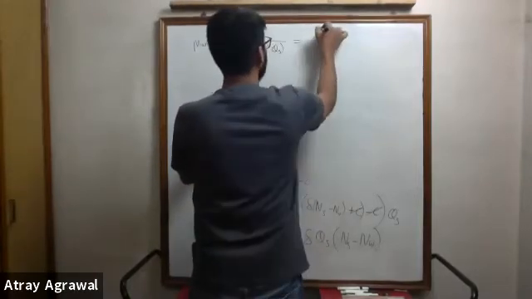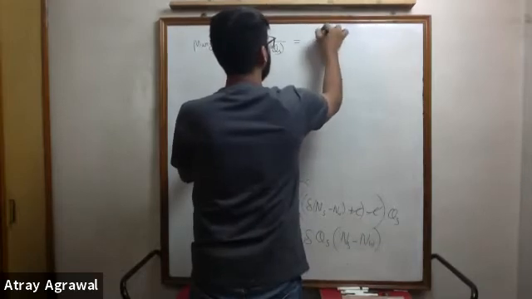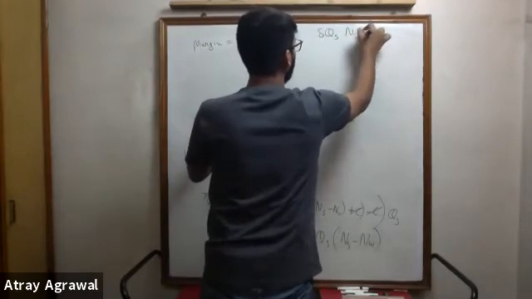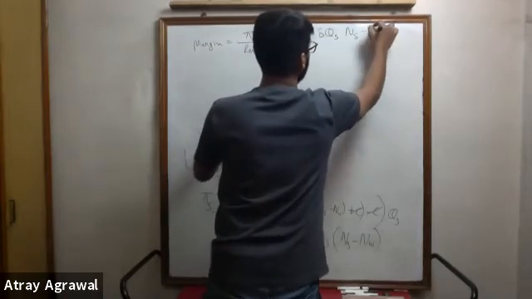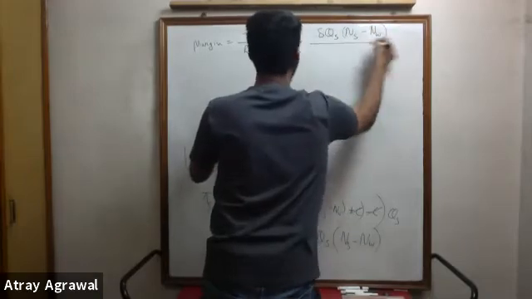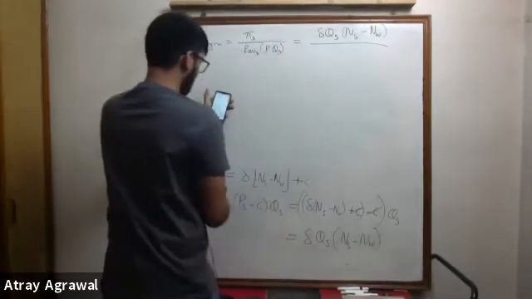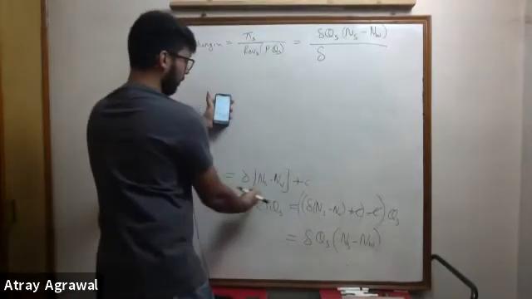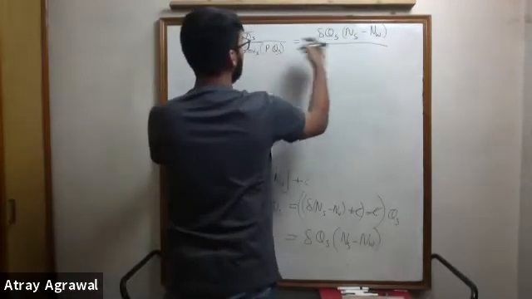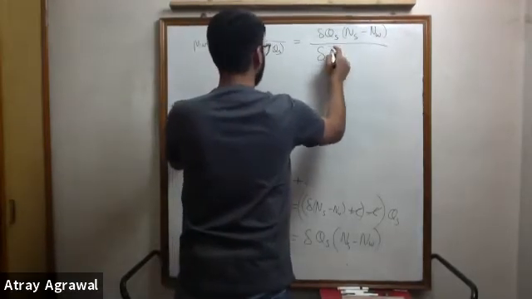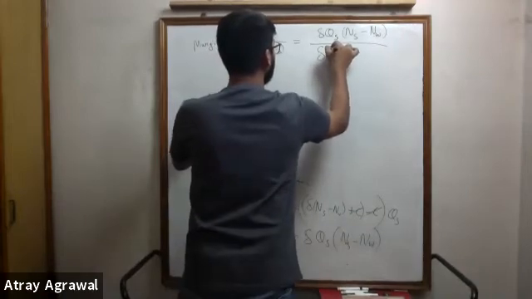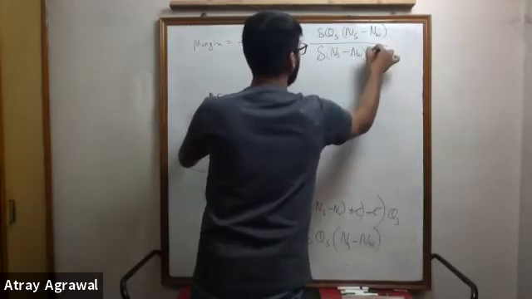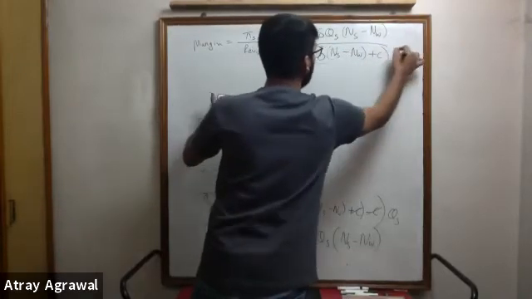So profit, I'll write it down as delta QS NS minus NW, upon the price, so I'll be using the same price as this, delta NS minus NW plus C, and into QS.